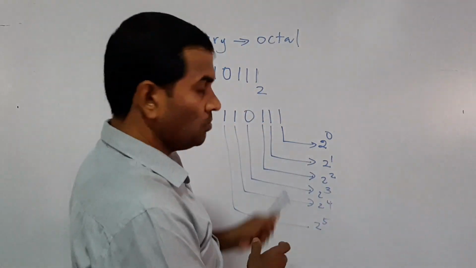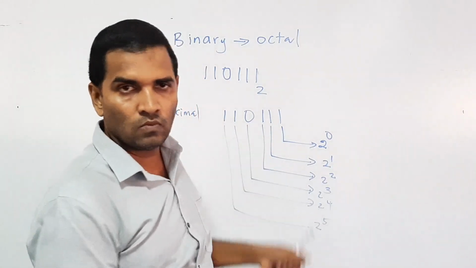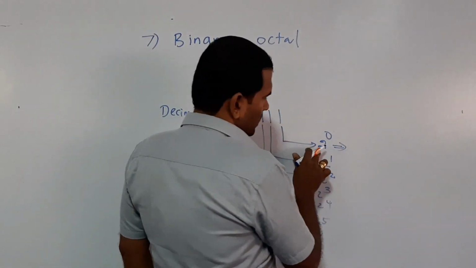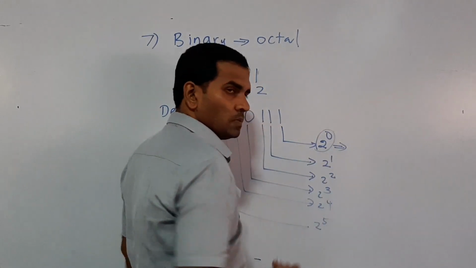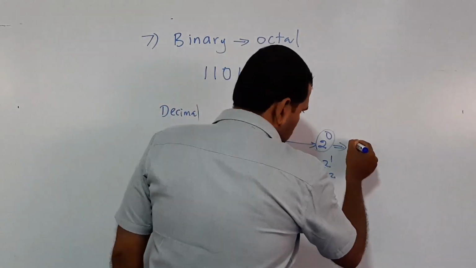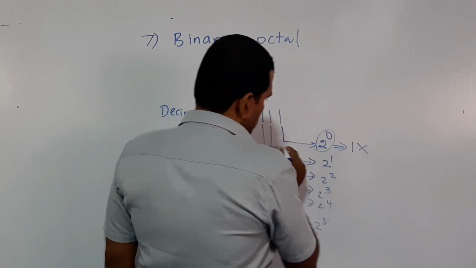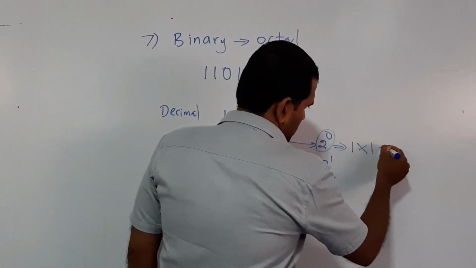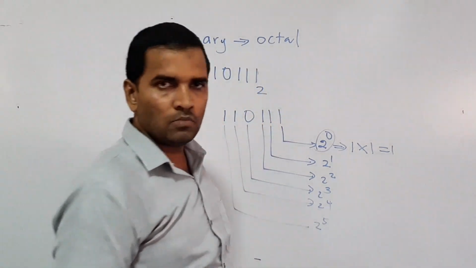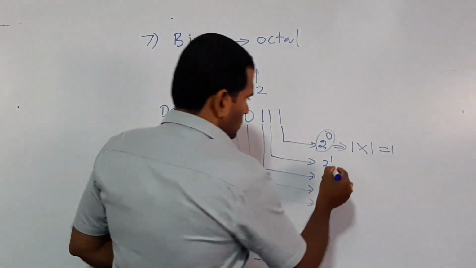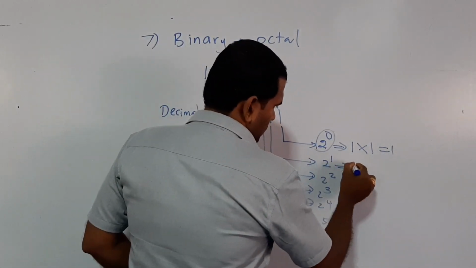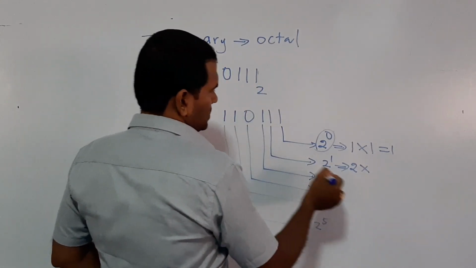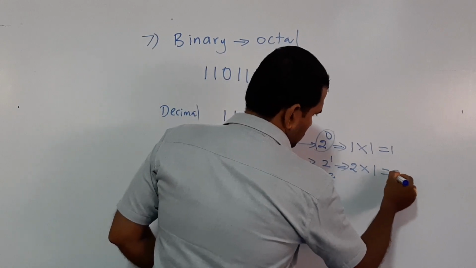Thereafter, hope you remember the method because we have already studied this. We have to take the value of each position. So 2 to the power 0 is always 1, into the digit which belongs to this position, that is 1. You have to multiply both of them. Go to the second one, 2 to the power 1 is always 2, into the digit, it's 1, so it is 2.